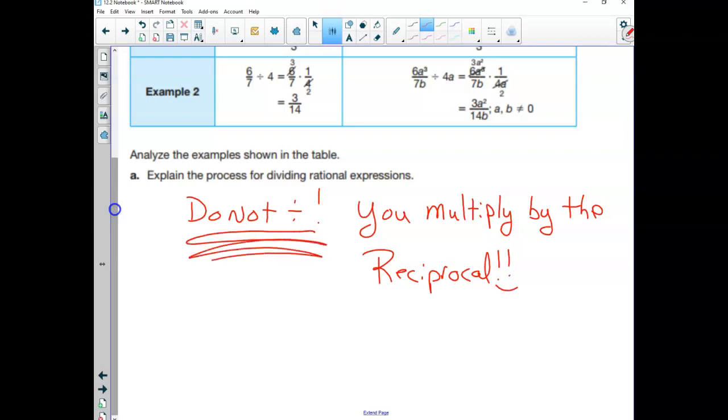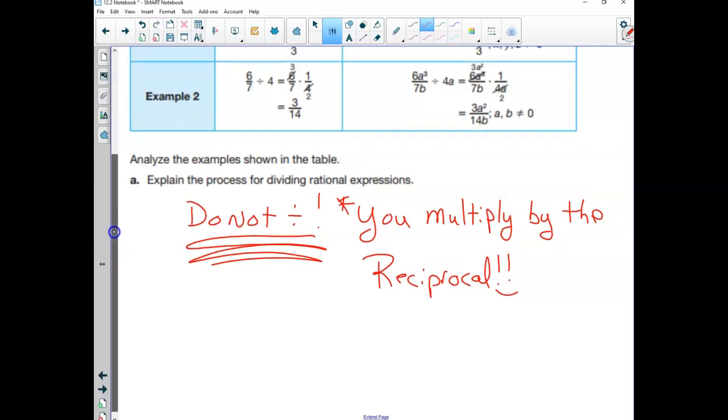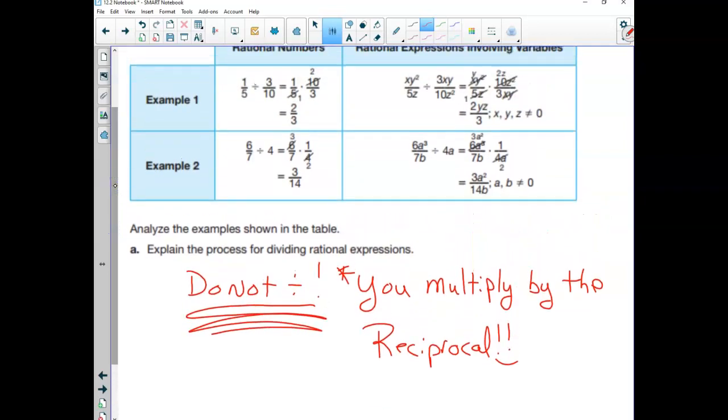We do not divide fractions. We multiply by the reciprocal. All right? So notice, this was 6 over 7 divided by 4 over 1. Well, that's 6 over 7 times 1 over 4. Then I do what I just got done doing on all those previous problems, all right?